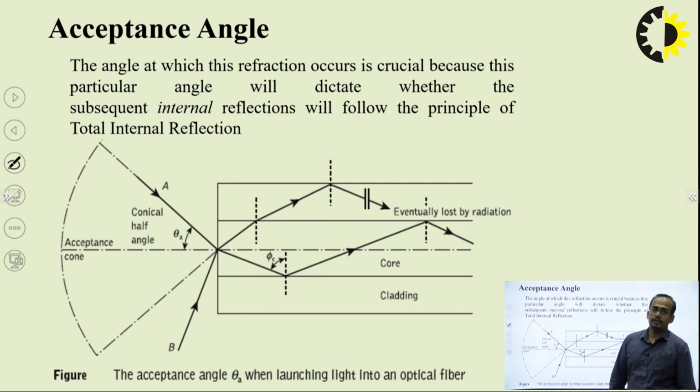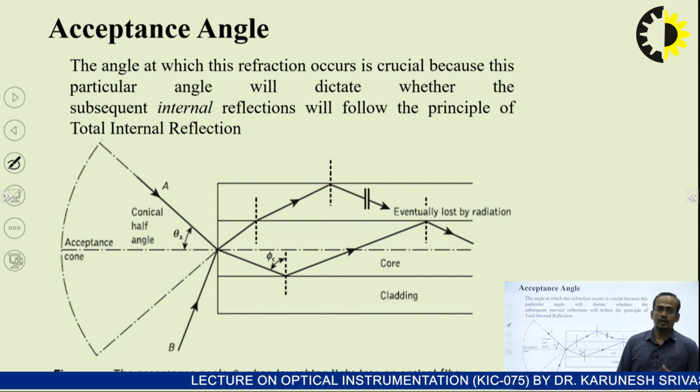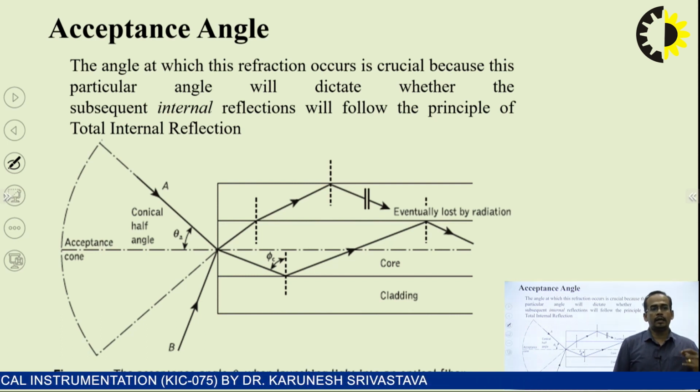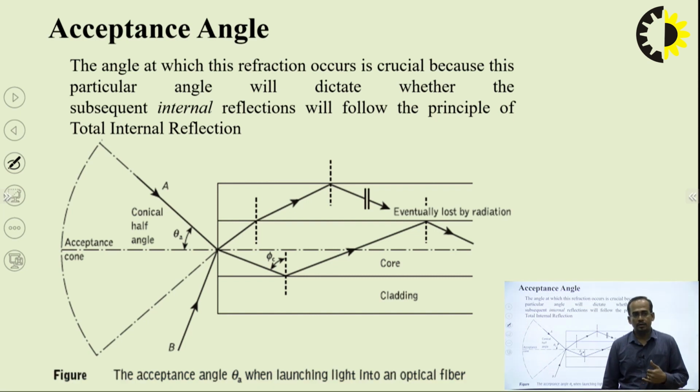Now, what is the acceptance angle? The angle at which this refraction occurs is crucial, because this particular angle will dictate whether the subsequent internal reflection will follow the principle of total internal reflection or not. So this is the critical angle, you can see here.